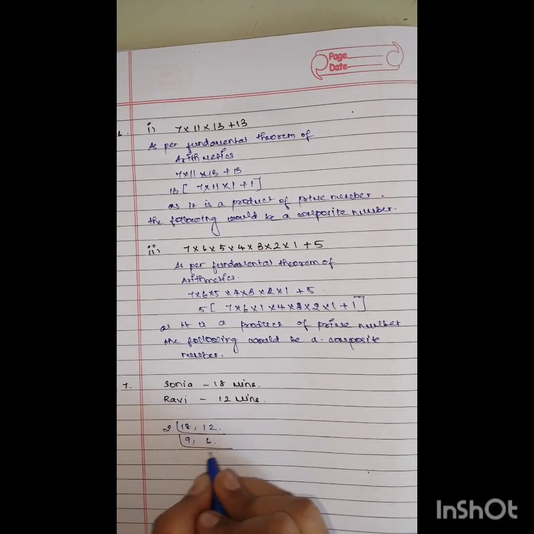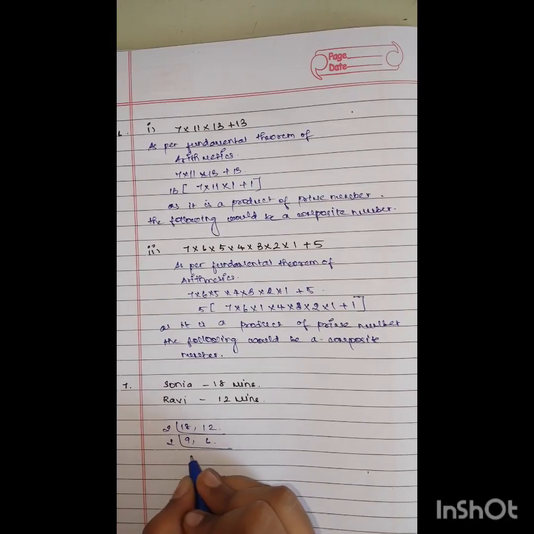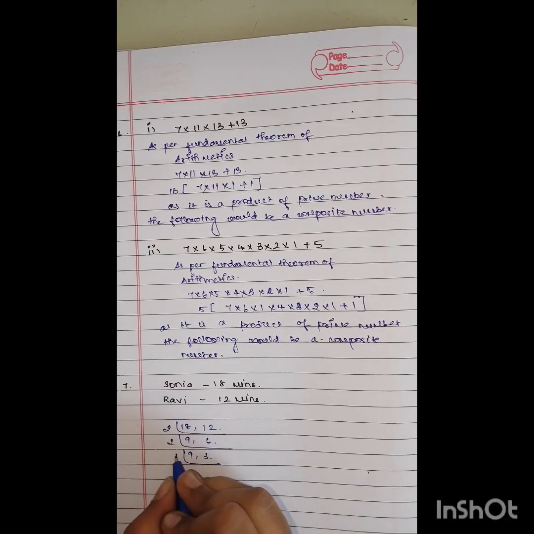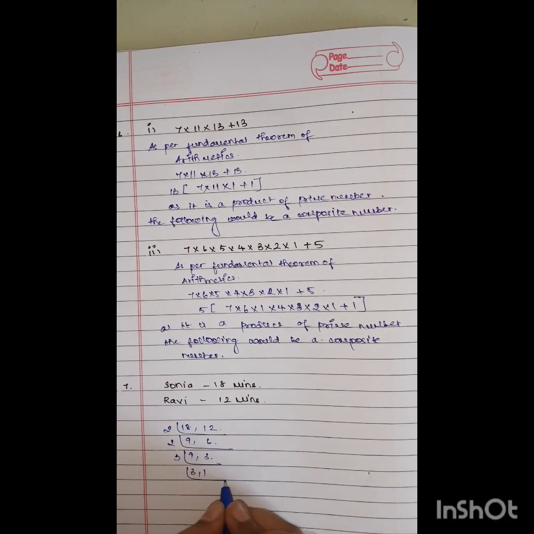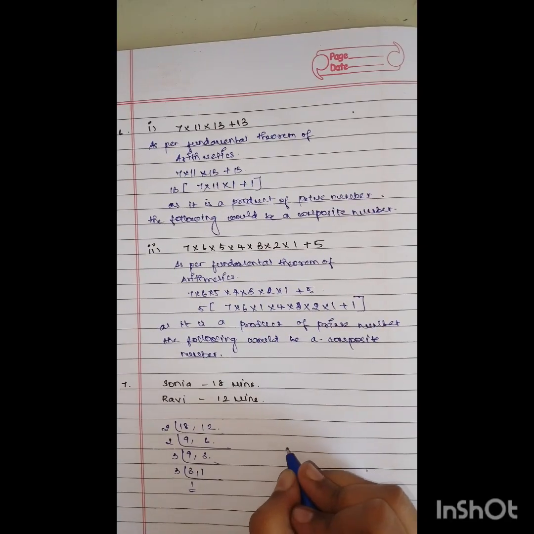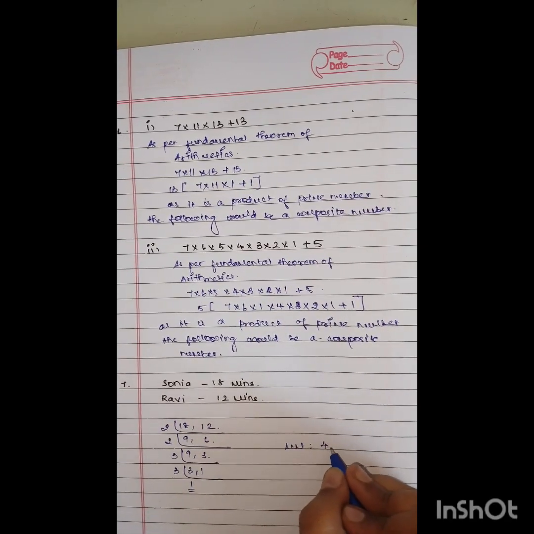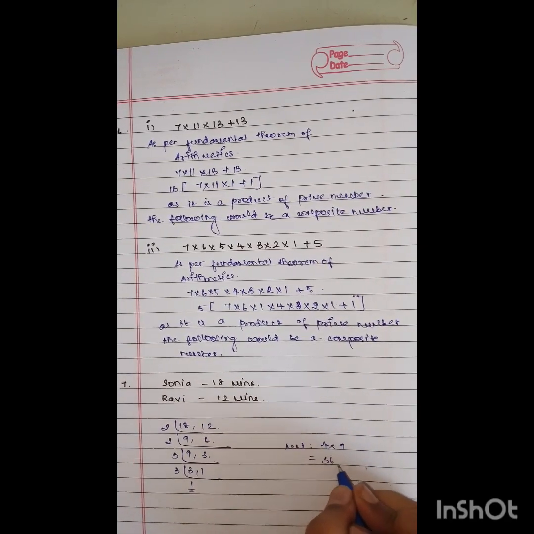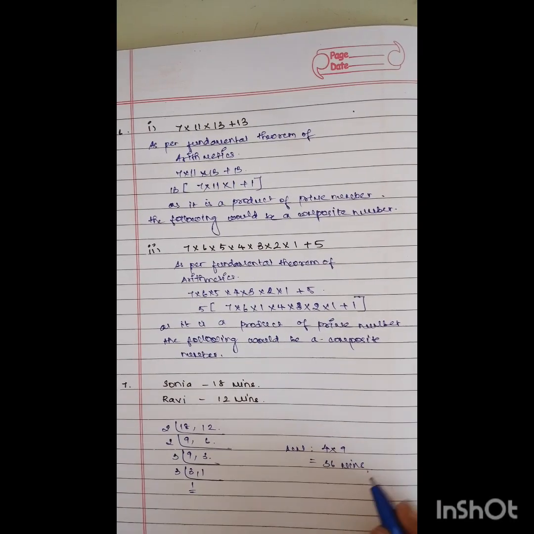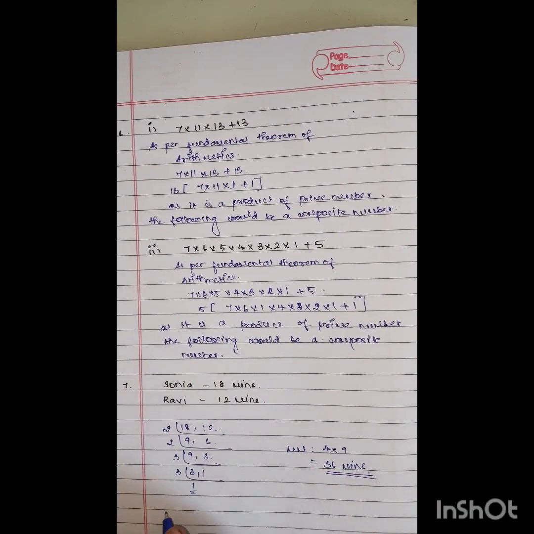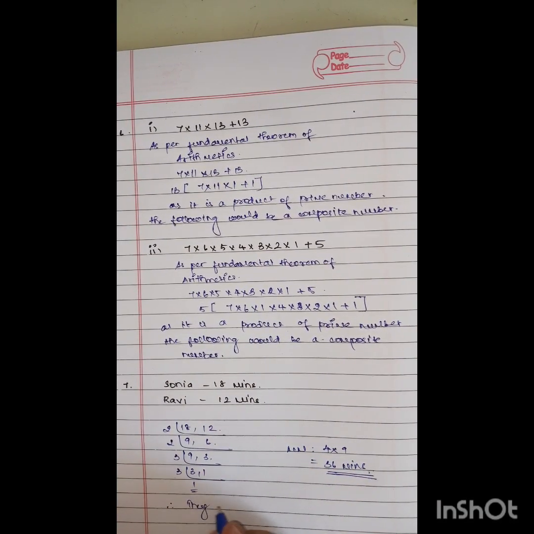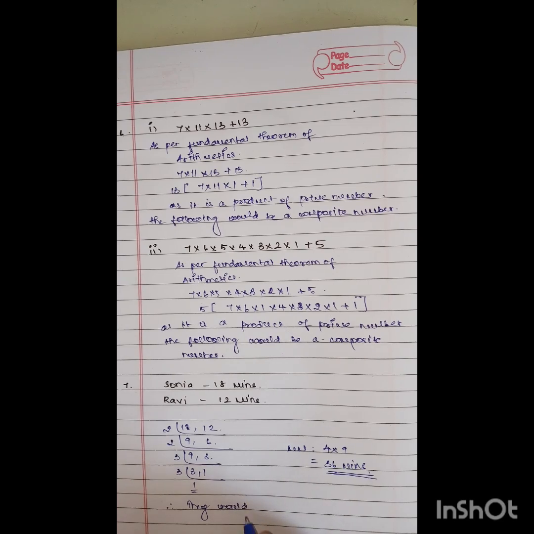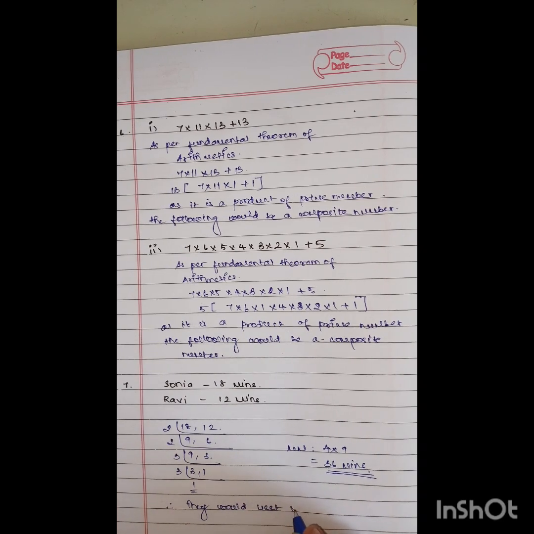For this, we have to take the LCM of the given numbers. By taking the LCM, we can find the time in which they meet together. These types of questions are asked in the boards. Thereby, they would meet again after 36 minutes.